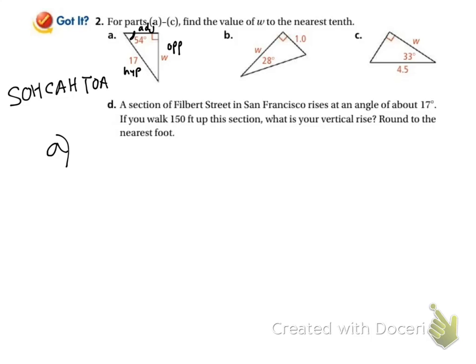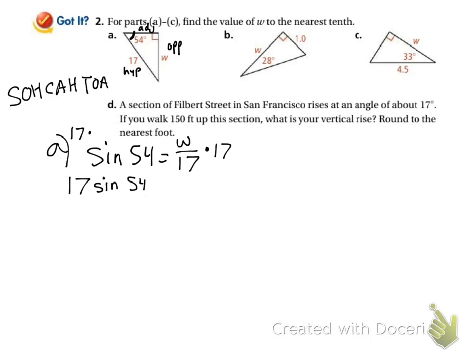So for A, the sine of 54 is equal to, sine is opposite over hypotenuse, so we get W over 17. And then I'm going to solve for W. So I need to get rid of that 17, so I'm going to multiply by 17 on both sides. The 17 just sits out front. You can't multiply into that angle, right? This is 54 degrees.